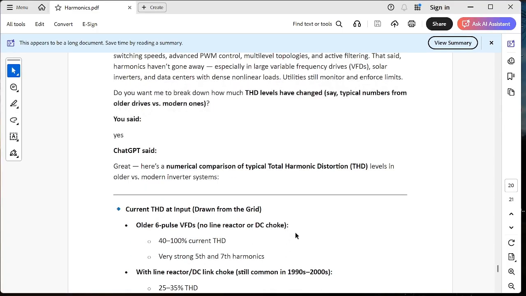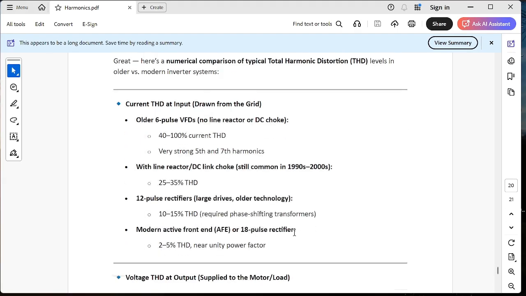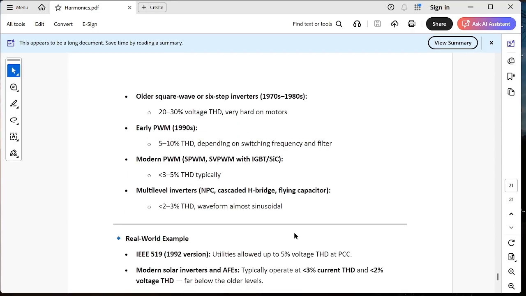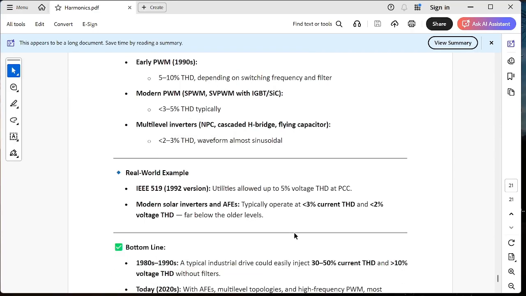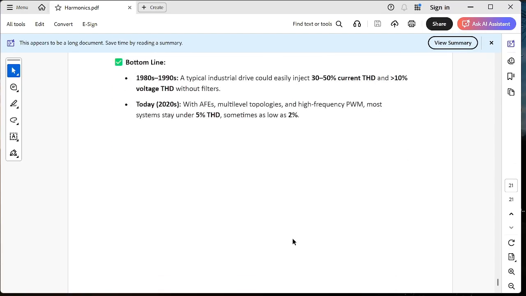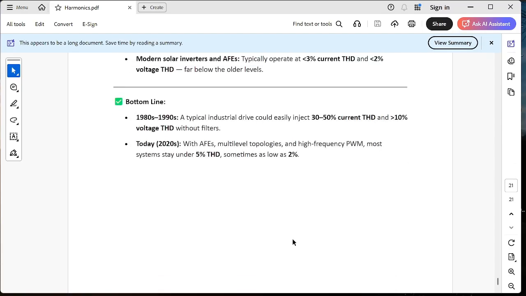Okay, THD. So be thankful for the improvements in the designs of inverters, other things as well. But THD is, it says, usually staying under 5% is okay, sometimes as low as 2%, and that's better. That's better than what used to be. THD, total harmonic distortion.